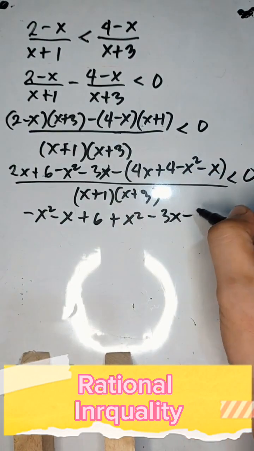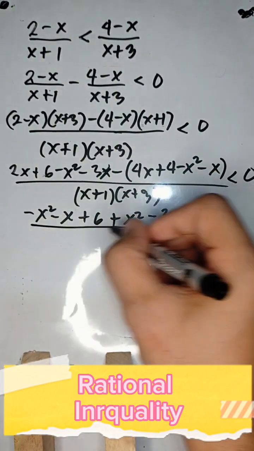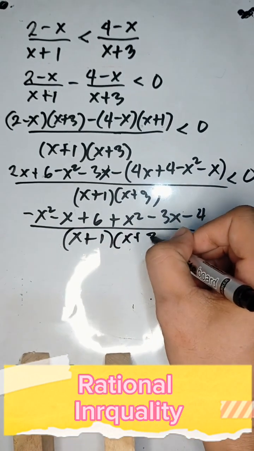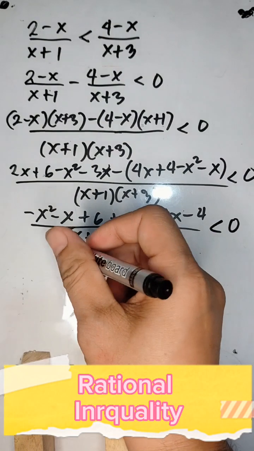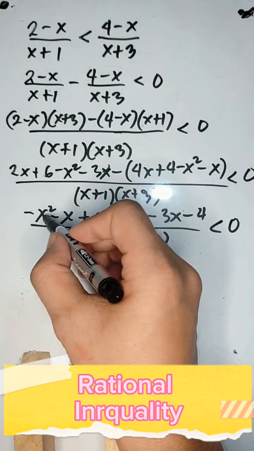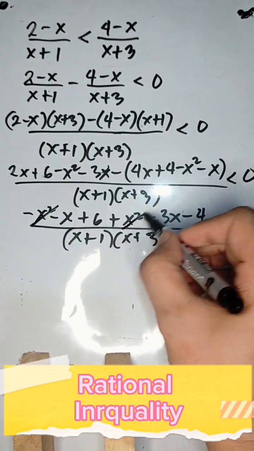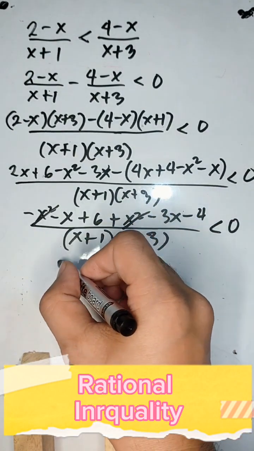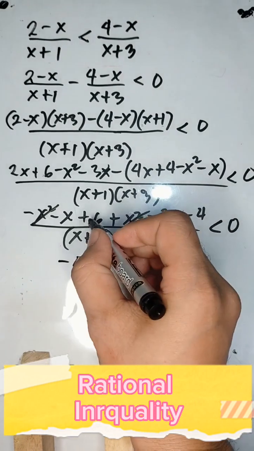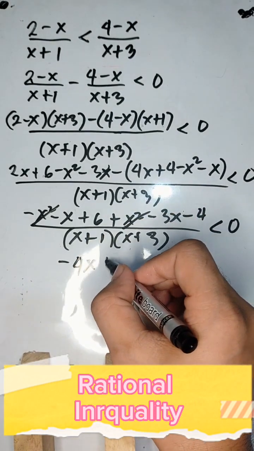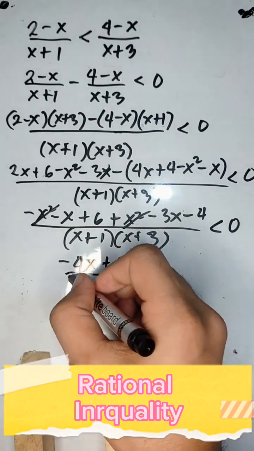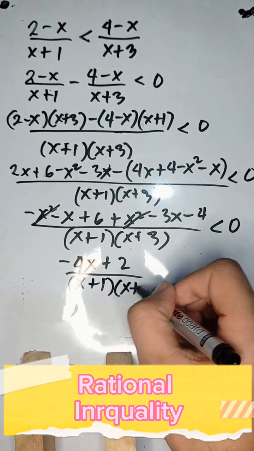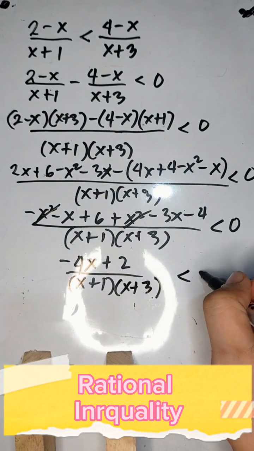Negative times positive, that's negative 4, all over (x plus 1)(x plus 3), that's less than 0. Now let's simplify more. It's gonna be cancelled out. So negative x squared plus x squared cancels, negative x minus 3x, that's negative 4x. 6 minus 4, that's plus 2. And then over (x plus 1)(x plus 3) is less than 0.